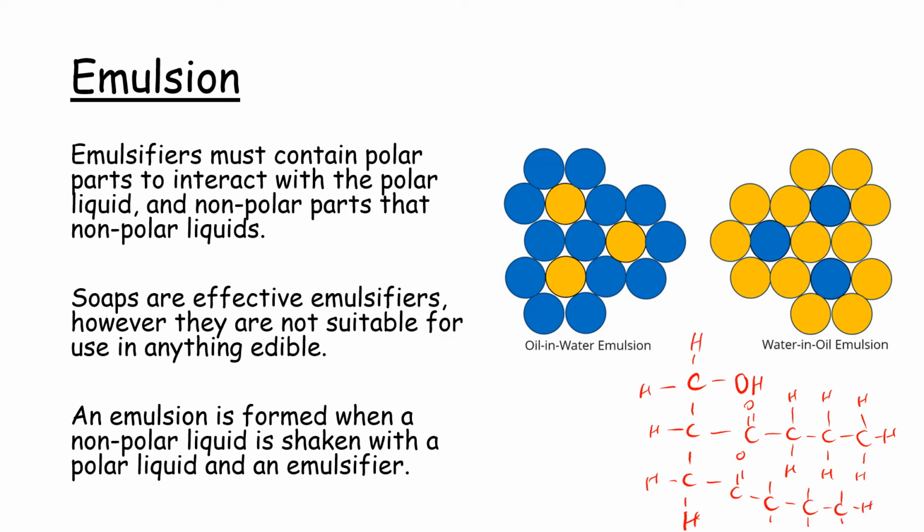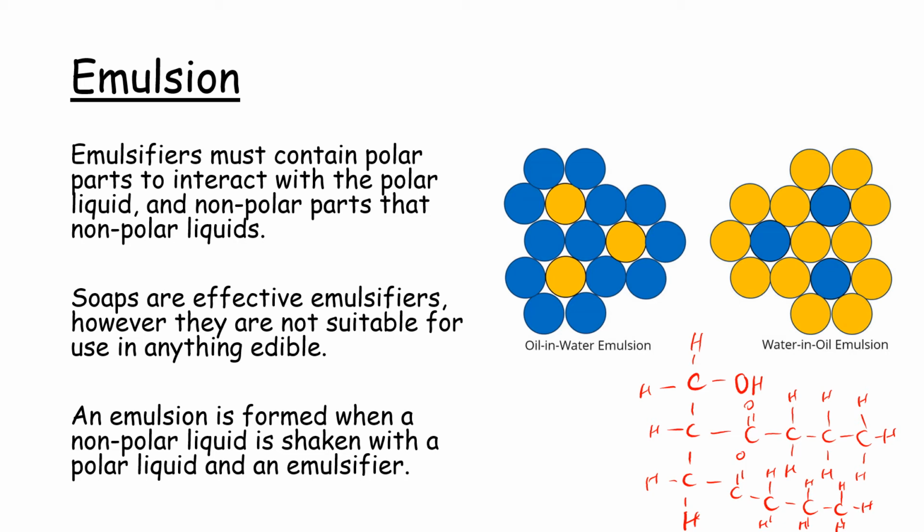Here we have an emulsifier. We have the non-polar part here, which is your fatty acids that have bonded to your glycerol. We have two fatty acids here that are going to interact with the non-polar part, so the oil part, and we've got this hydroxyl group here that's going to interact with the polar part, so the water.